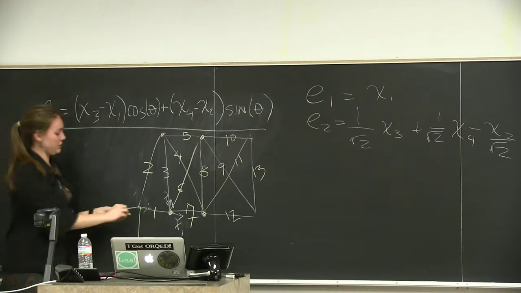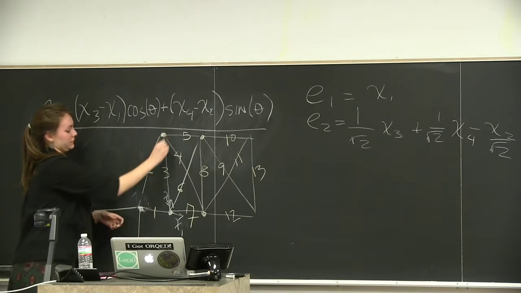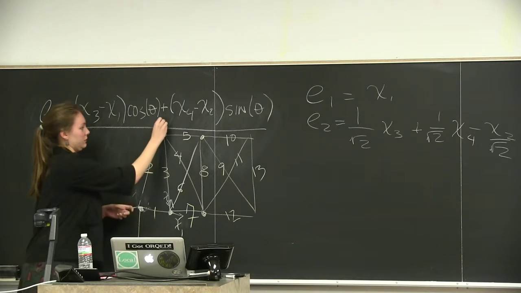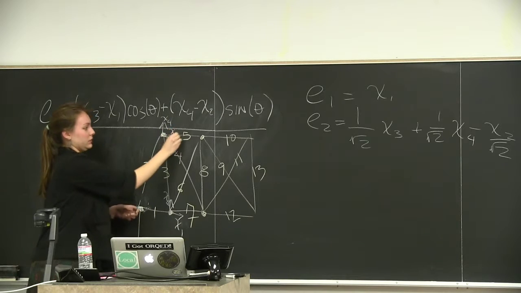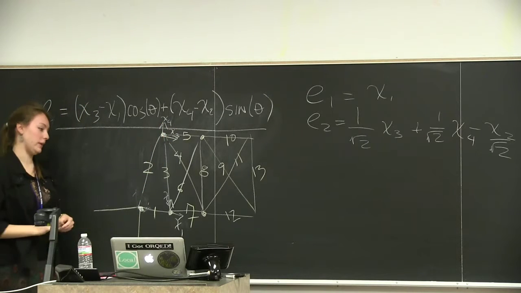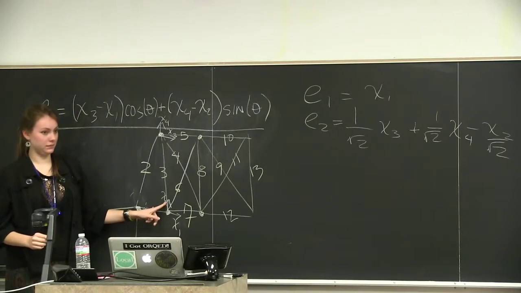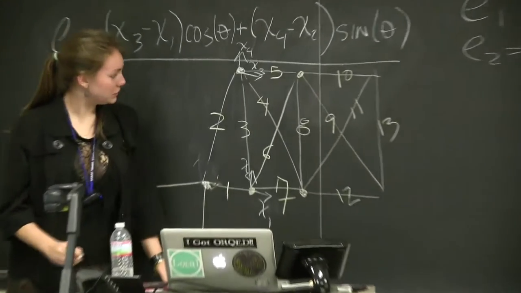Now we're looking at fiber 2. At the end of fiber 2, x3 horizontal, x4 vertical. Well, where is 2 connected to?